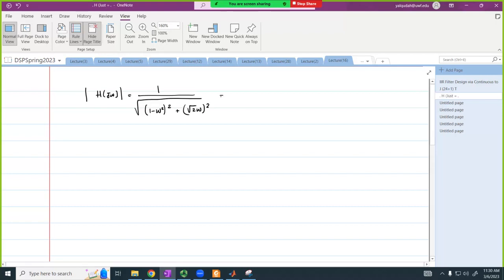And what is this going to equal? 1 over square root of 1 minus 2 omega squared plus omega to the 4 plus 2 omega squared. And what is this going to equal? Square root of 1 plus omega to the 4.